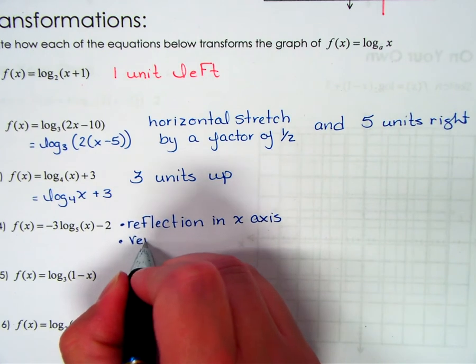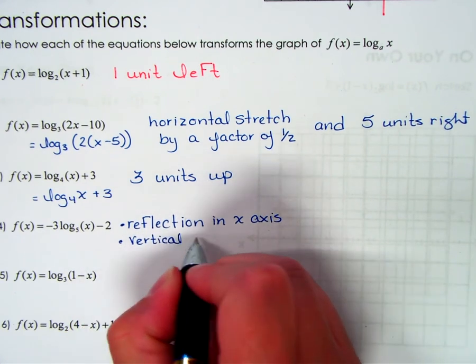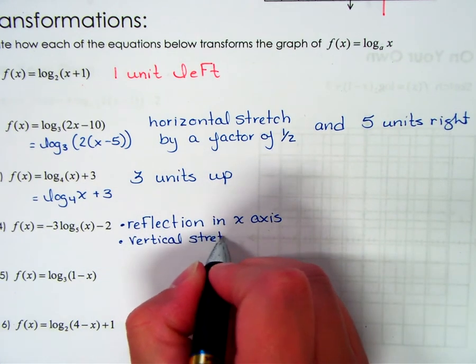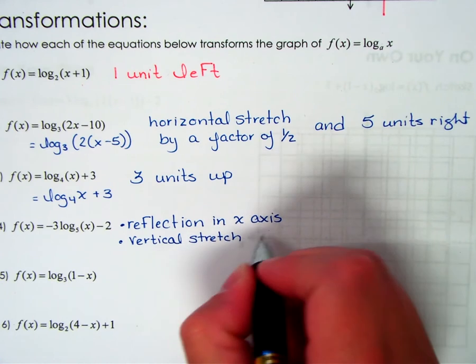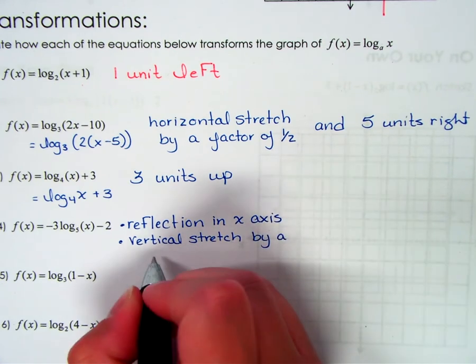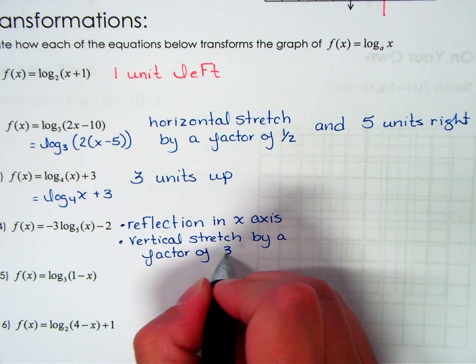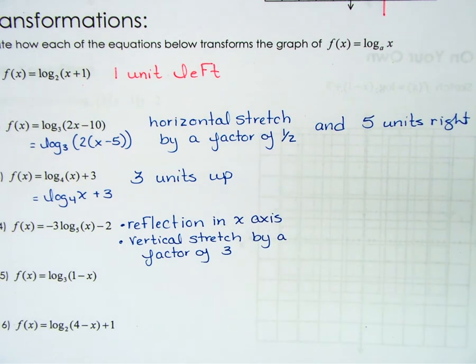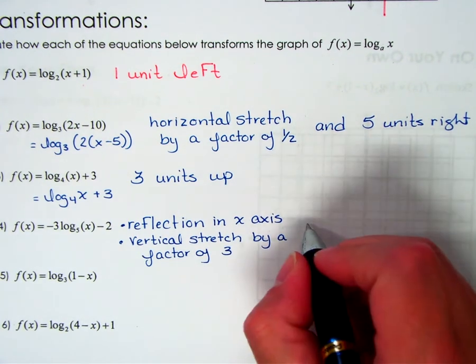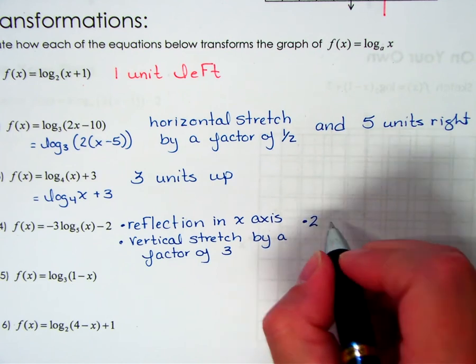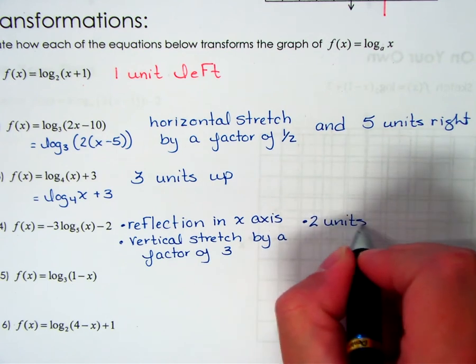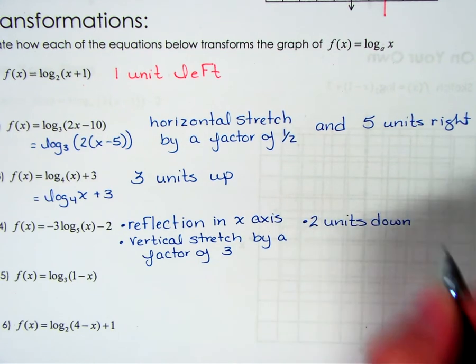We have a vertical stretch by a factor of 3, because it's vertical. And then we have 2 units down.